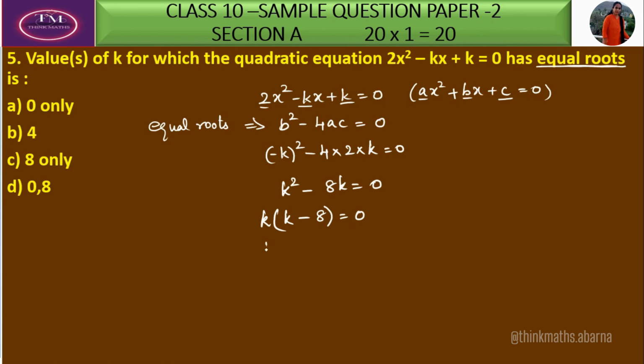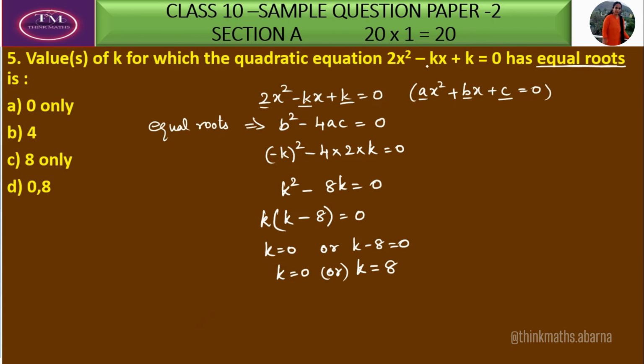That means either k is equal to 0 or k minus 8 is equal to 0. So k minus 8 is equal to 0 means k will be equal to 8, as minus 8 becomes plus 8 when we shift it to this side. So we got k is equal to 0 or k is equal to 8.